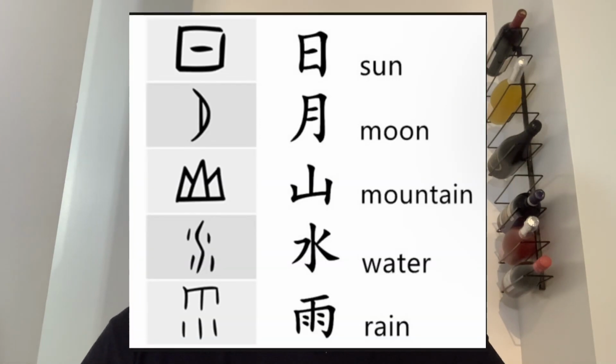Like we said, these radicals, or the Chinese characters, are based off of pictures. That's how old the language is. I almost want to say it's similar to hieroglyphics, right? If you've ever seen the hieroglyphics writing system in Egypt, you'll see an eye or a bird or a feather that represents a word.